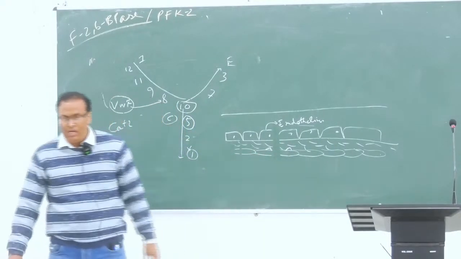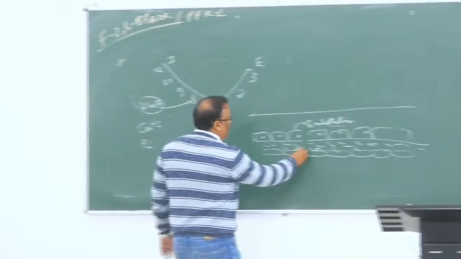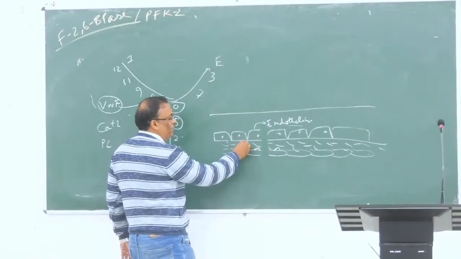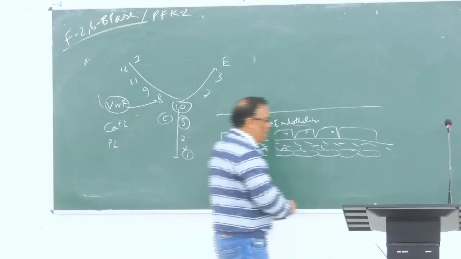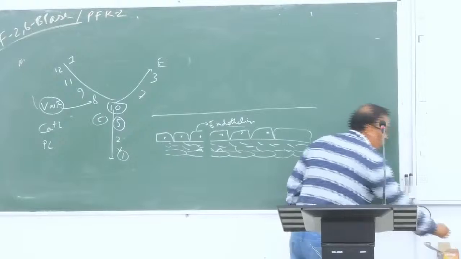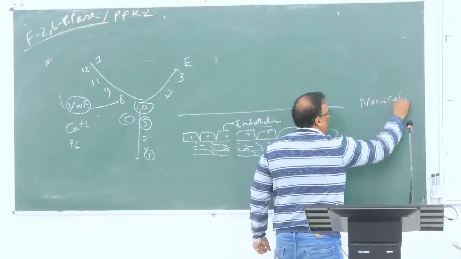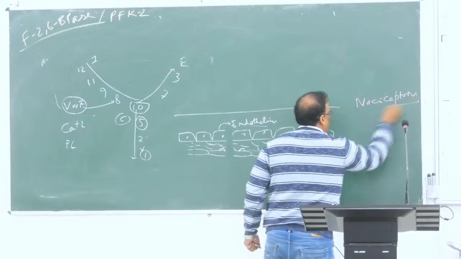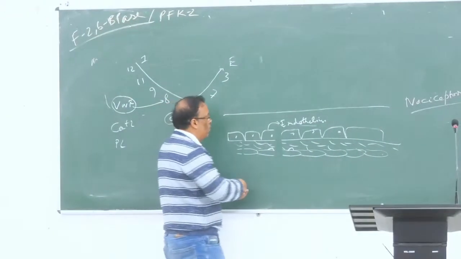When there is a cut, pain happens, right? Nociceptors are present. I already told you previously, in between the connective tissue, the collagen fiber and the smooth muscle, there are some sorts of nociceptors. Noci means painful. Nociceptors are receptors that sense pain. So this type of receptor will be stimulated.